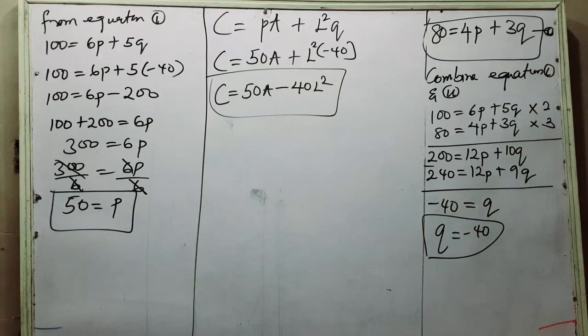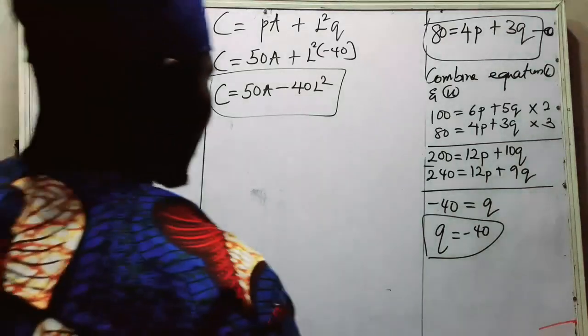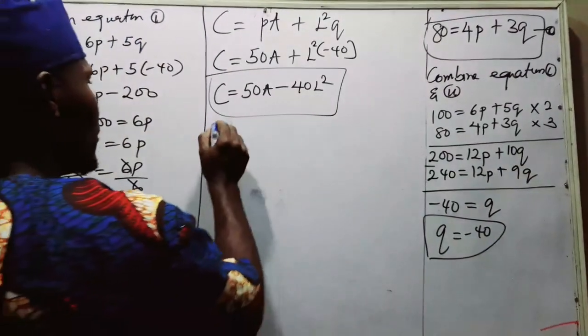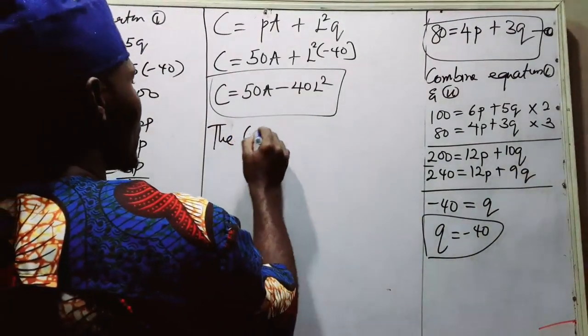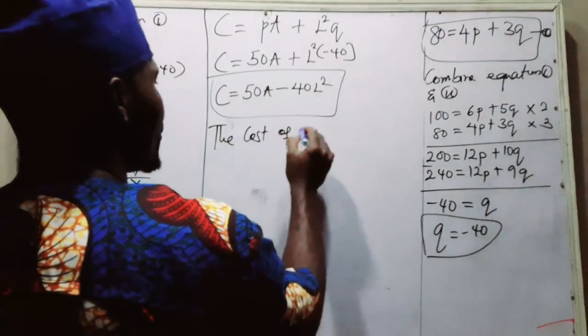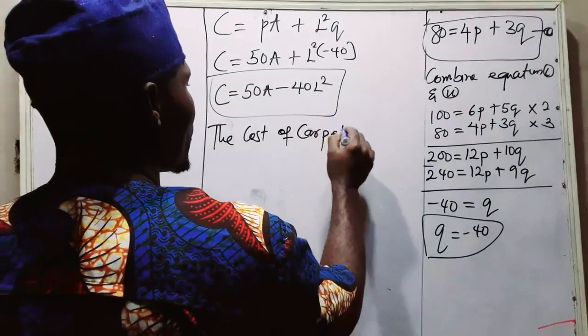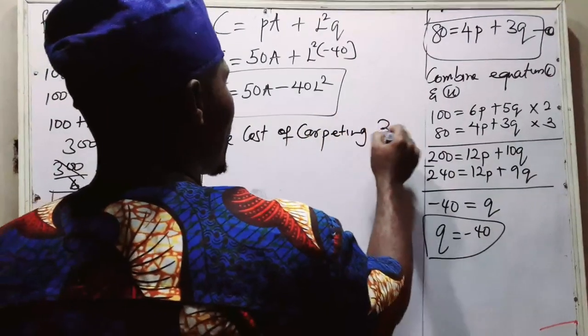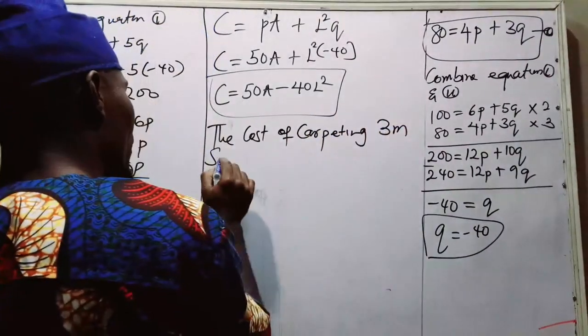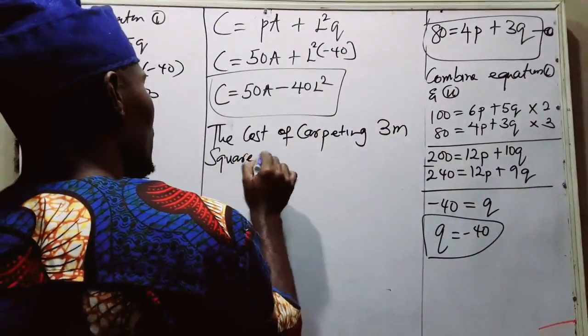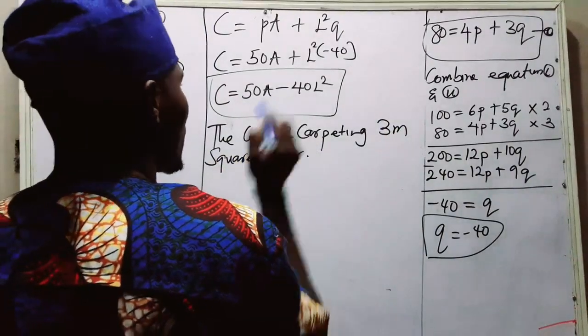So our question says to find the cost of carpentering a 3-meter square floor.